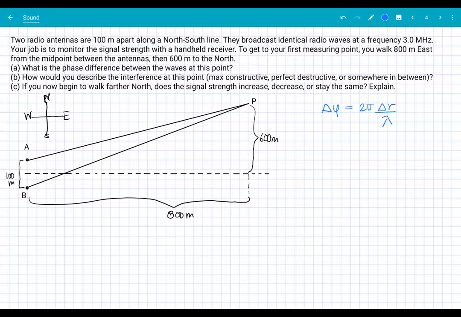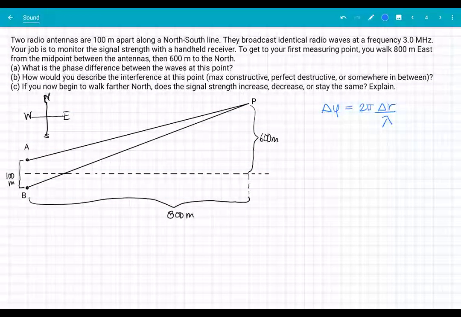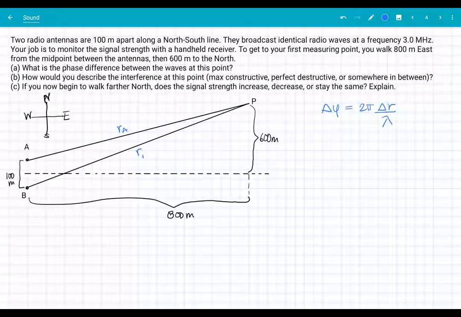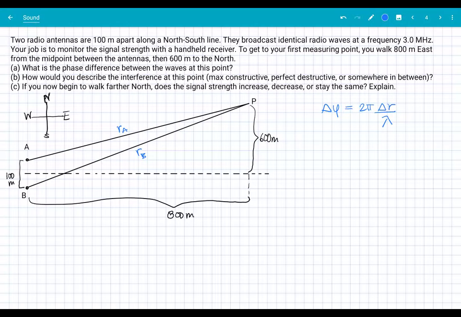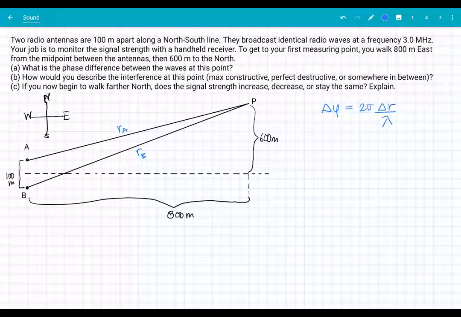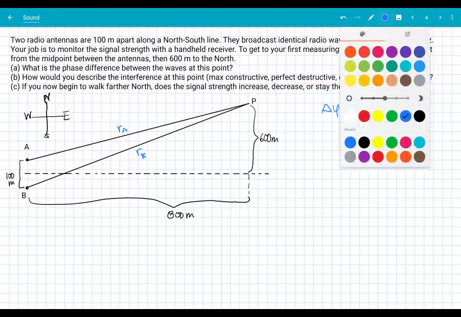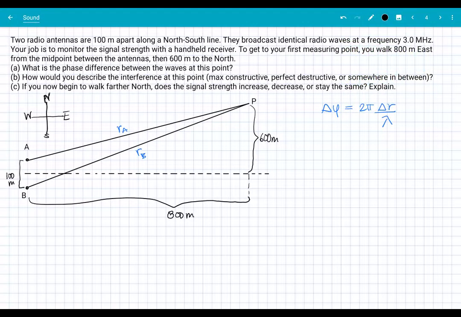From antenna A, I'll call that R sub A, and from antenna B, I'll call that R sub B. You can create right triangles here and solve for both of those. I'll go ahead and execute this problem numerically. You can do it symbolically, but I would hold on to the proportions.